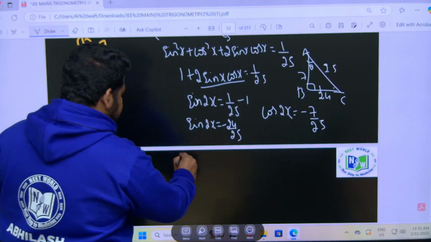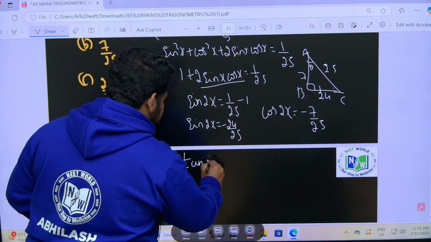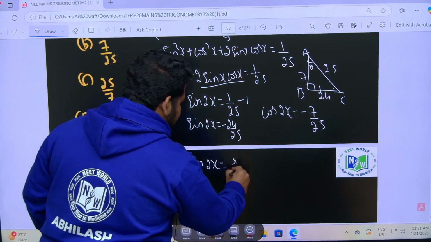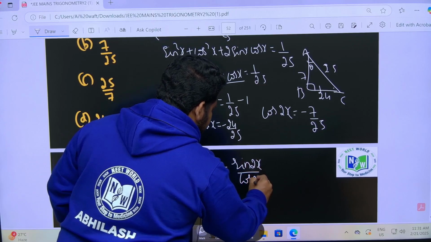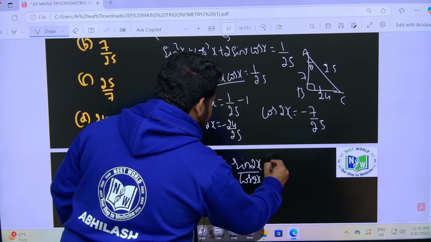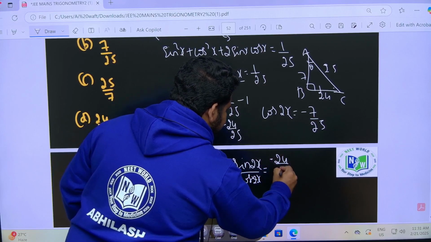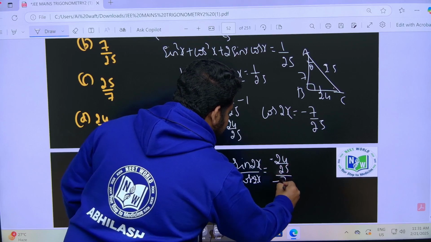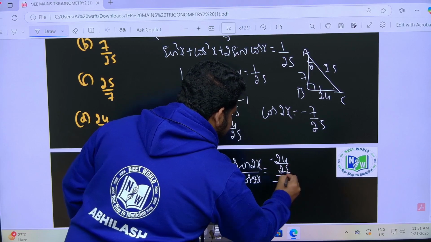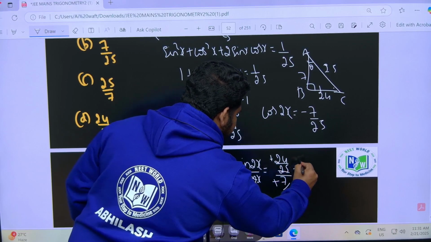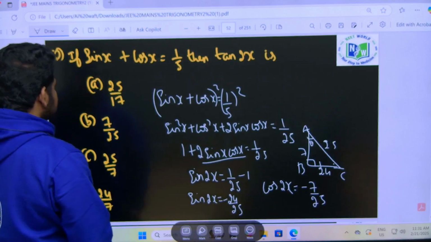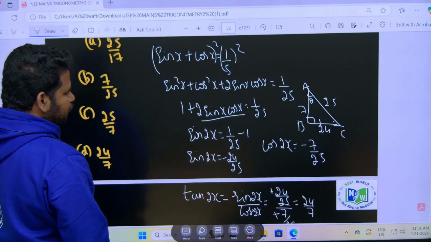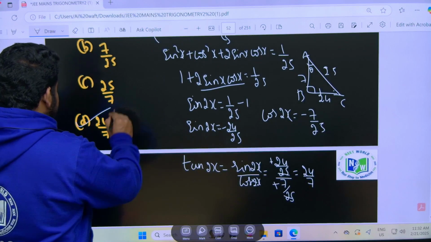So tan 2x will be sin 2x by cos 2x, that is equal to minus 24 by 25 by minus 7 by 25. This cancels, minus becomes plus, so 24 by 7. Which is the option? 24 by 7, option is D.